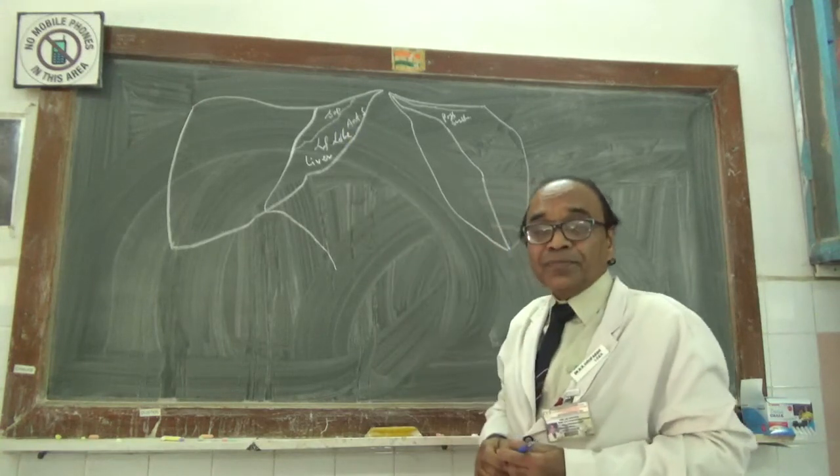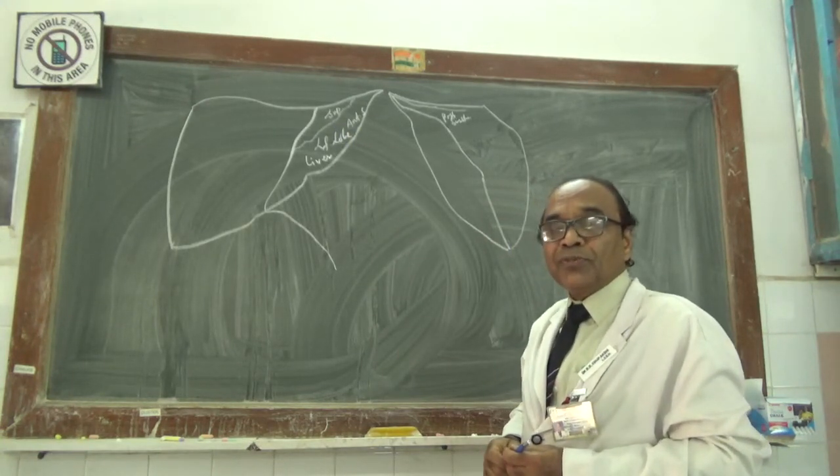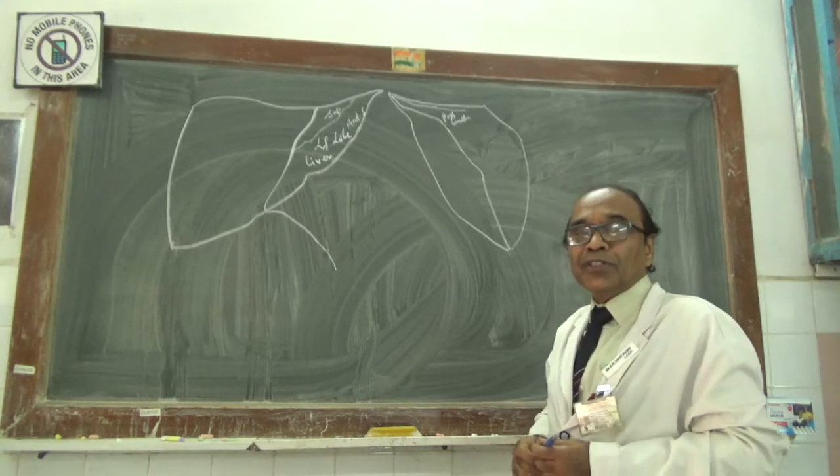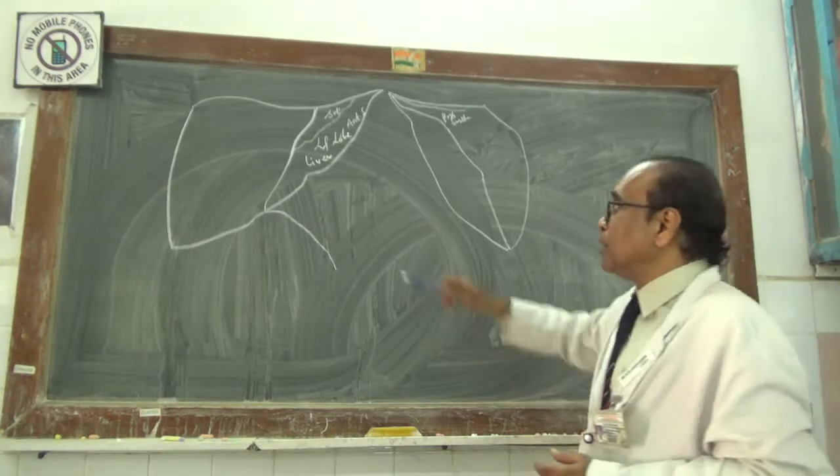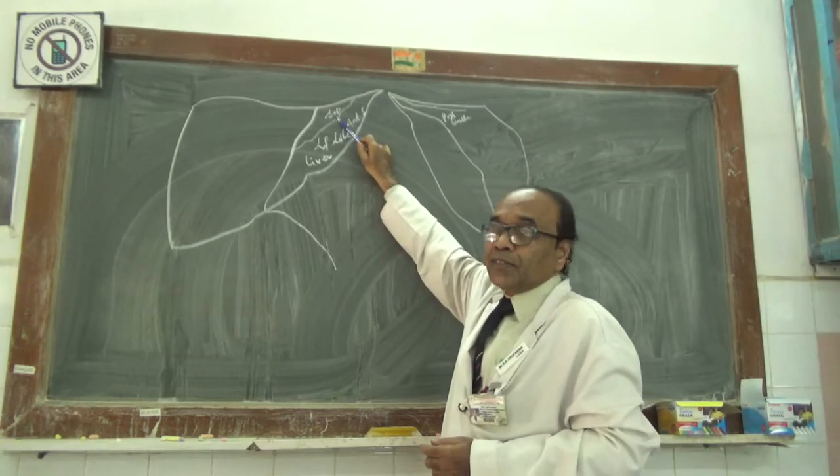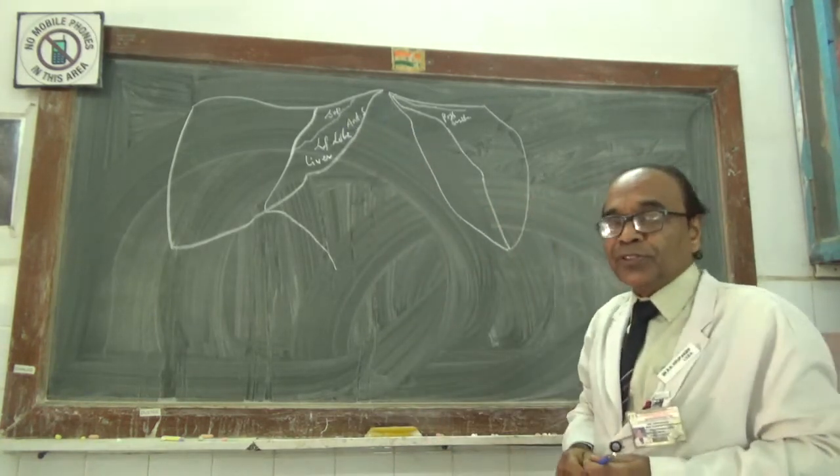It is also covered by the parietal and the visceral part of the peritoneum. So this will be the superior surface.